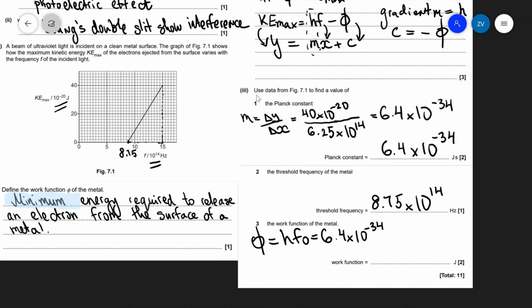However, because our question says use data from the figure, I'm just going to stick with 6.4 times 10 to the power of minus 34. Then I'm going to multiply that by 8.75 times 10 to the power of 14, and plugging this into a scientific calculator, we are going to get about 5.6 times 10 to the power of minus 19 joules.